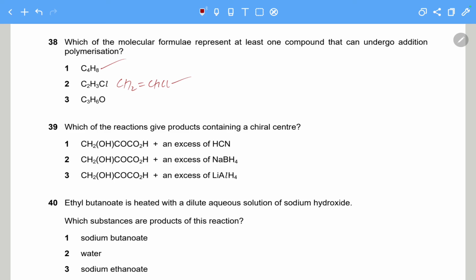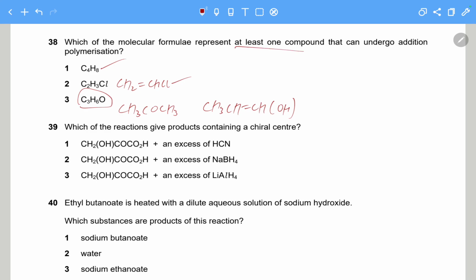And C3H6O, you can have various formulas for this, but for example, you can have CH3COCH3. This will not undergo addition polymerization, but you can also have CH3CHCHOH, which will undergo addition polymerization.